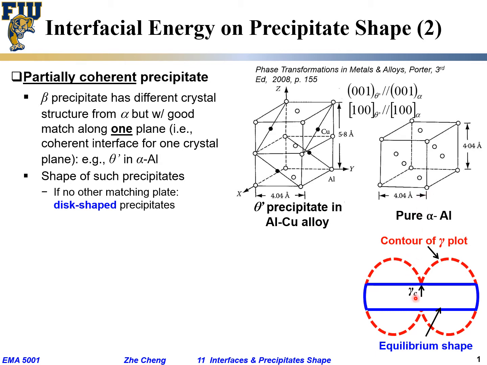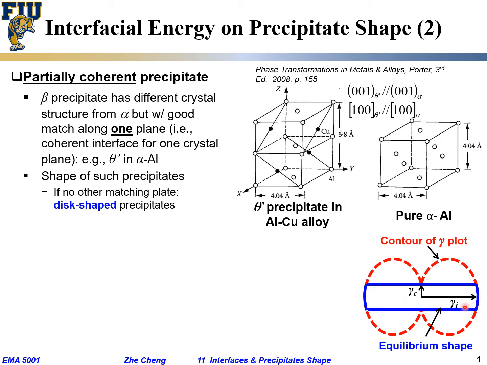Okay, and then the large one, gamma I for incoherent, gives us the incoherent interfacial energy. Make sense? The distance is larger means that energy is larger.